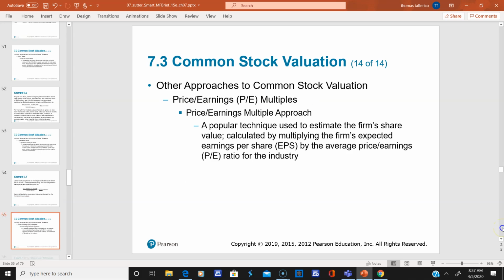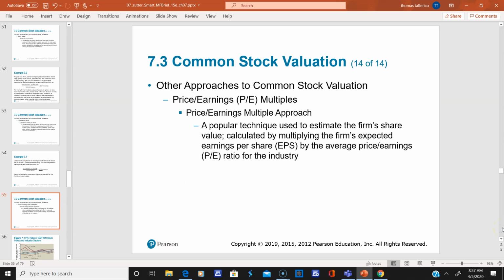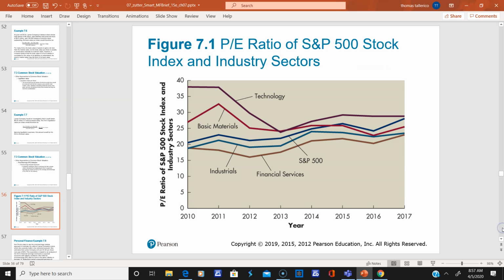So there are many approaches to doing this, and of course another approach is the PE multiple approach. You could look at the PE ratio and look at that approach. Here is the PE ratio of the S&P 500 over different years of the S&P 500 stock index.